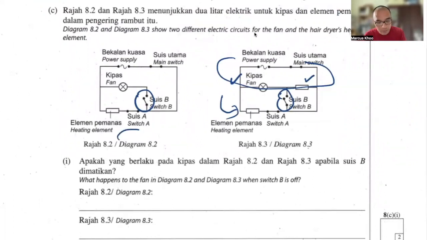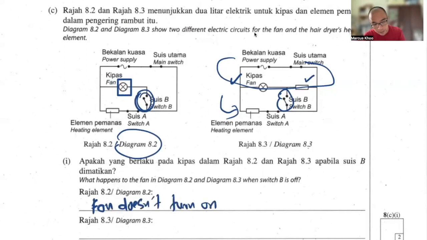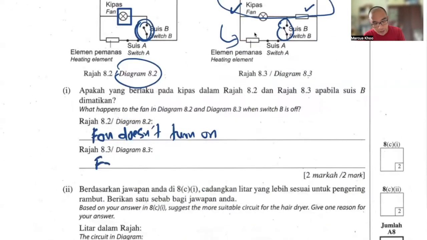But in diagram 8.2, switch B is a very important switch because it is connected to the fan. If switch B is turned off, the fan doesn't turn on.